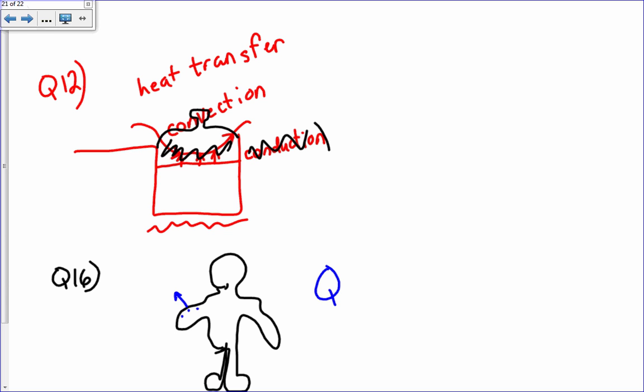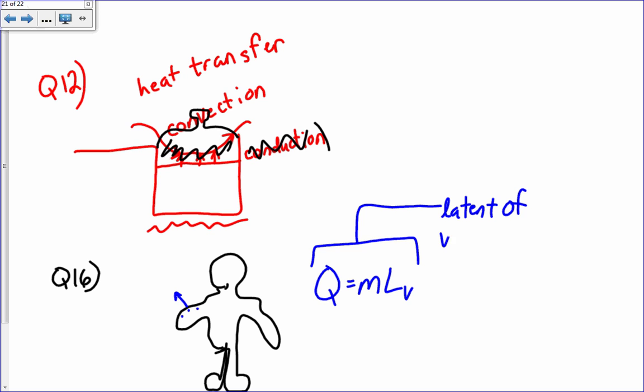That's because of the latent heat of vaporization of water. We can calculate the energy that it takes away by Q = m L_v, where L_v is the latent heat of vaporization, or the amount of energy per unit mass that is required to change a material from a liquid to a gas. And that's what happens when you sweat: the water on your skin evaporates and turns into a gas.